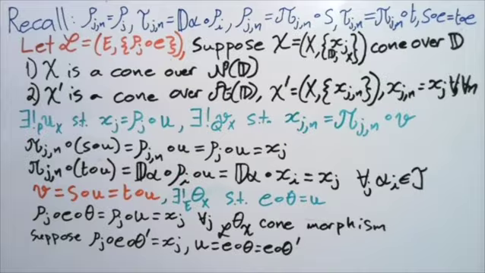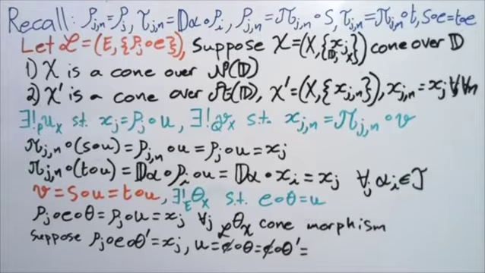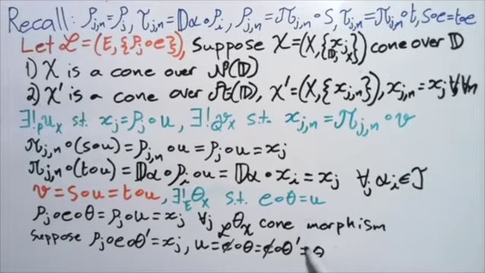But remember, we had a video on equalizers where we showed that equalizers are always monic, which means they're left cancelable. So we can cancel these, and we can say that theta equals theta prime, and that means that this cone morphism, the candidate mediating morphism, is unique.